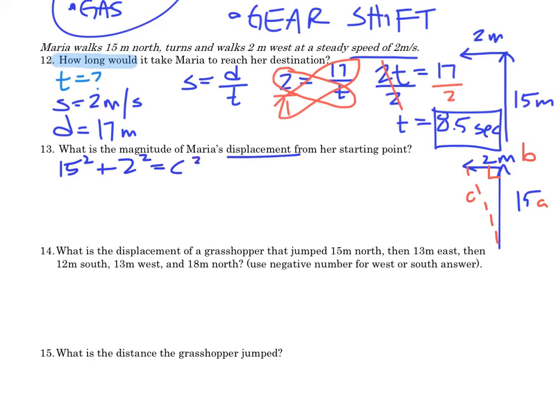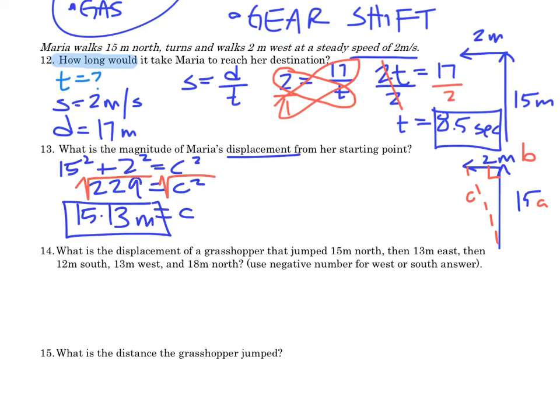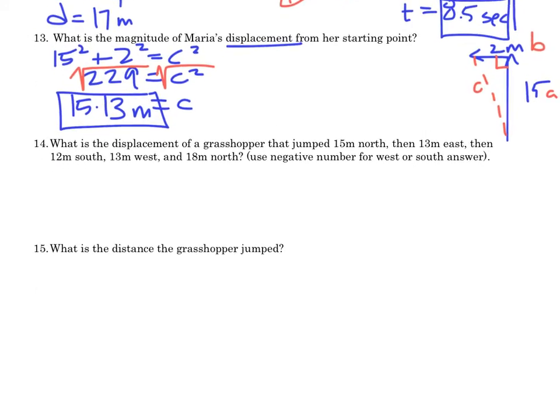So 15 squared plus 2 squared gives me 229. And in order to get c by itself, my last step to get rid of that square is to take the square root of both sides. And I get c all alone. The square root of 229 is 15.13 meters. That is her displacement.